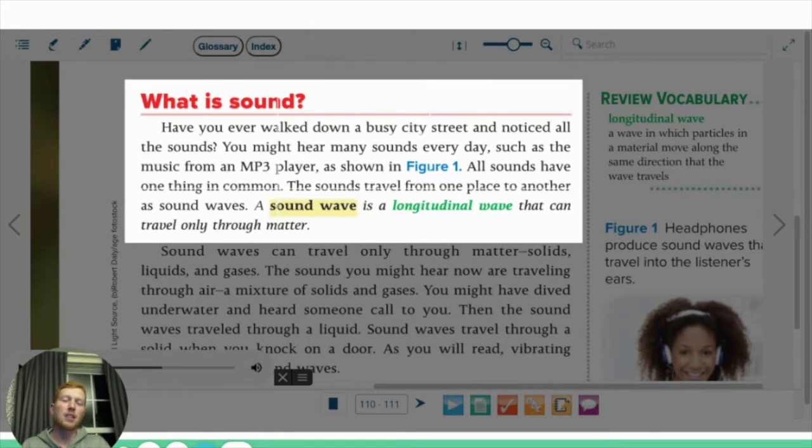The other wave that can travel through matter and empty space is the electromagnetic wave, which is not a sound wave. That would be like an X-ray. So again, just to reiterate the answer for today, a sound wave is a longitudinal wave that can travel only through matter.